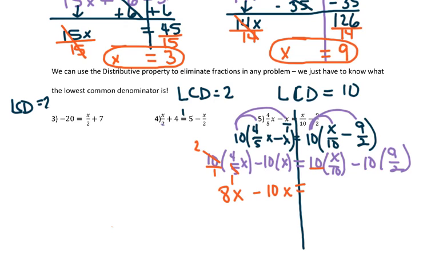On this side, I put the 10 over 1. Look to cross cancel. 10 goes into both of those. So we're just left with 1x. And 10 over 1 here, the 10 and the 2 cancel, and I'm left with 5 over 1 there. So now I have to do 5 times 9, and that's 45.